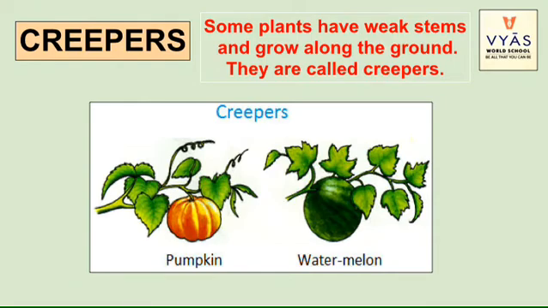But creepers cannot grow upwards even with the help of support, and they grow along the ground only. So plants with weak stems that grow along the ground are called creepers.